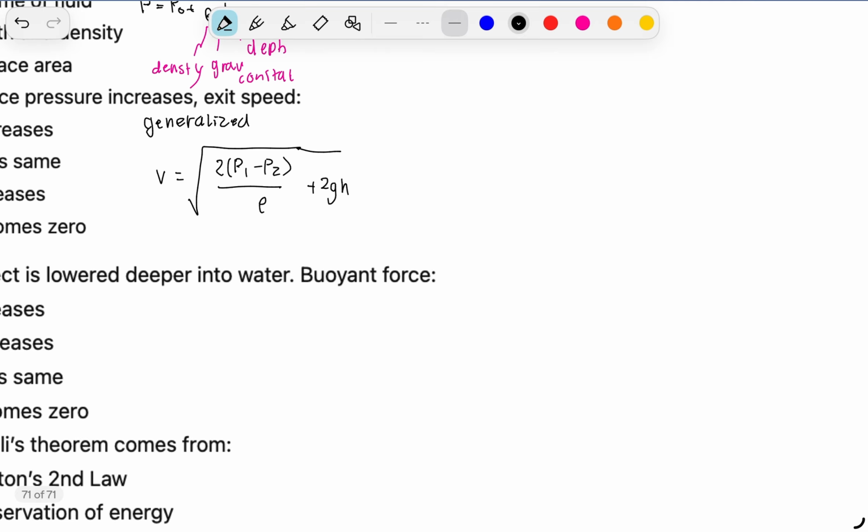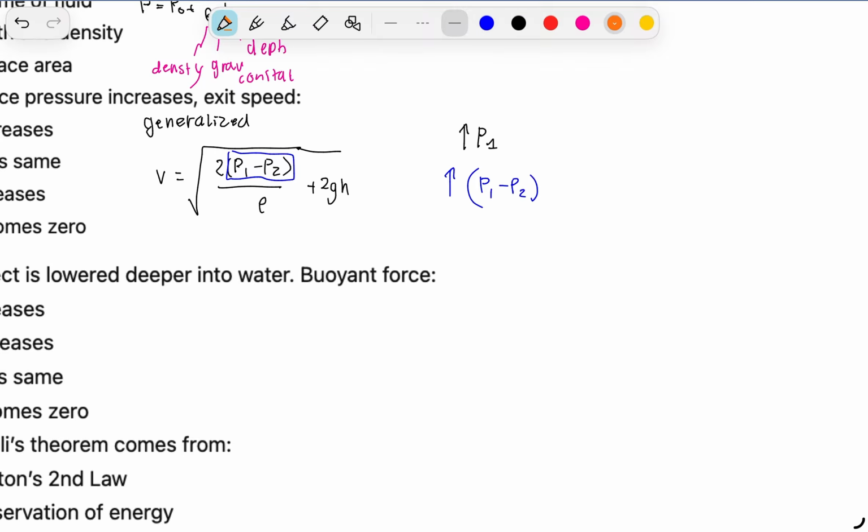If we increase our pressure 1, the specific part of our equation is this P1 minus P2, so this component is going to increase as well. Then you're going to have 2 times that component divided by a density. The 2 will stay the same, and the density will stay the same.